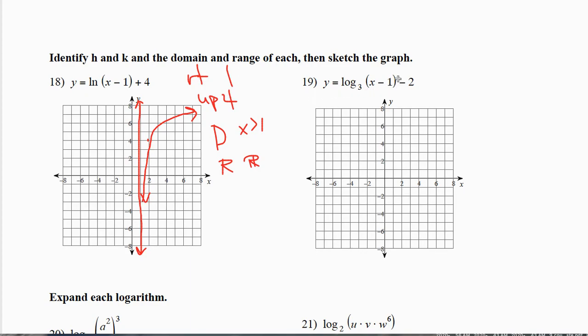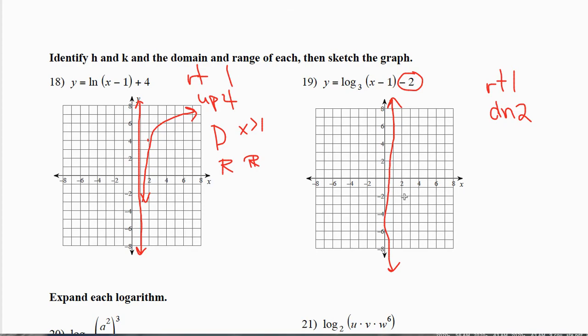So again, the number with the x is opposite, so it's going to shift everything to the right 1. It's going to have a vertical asymptote located at 1. This is the opposite. So remember when it was plus 4, that was up 4. This is negative 2, so it's going to be down 2.